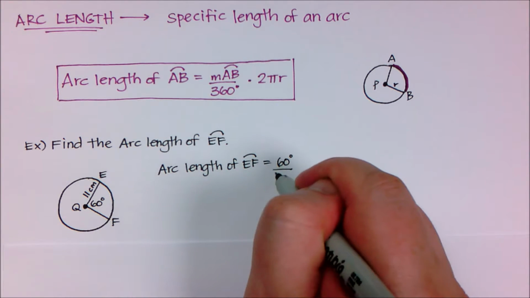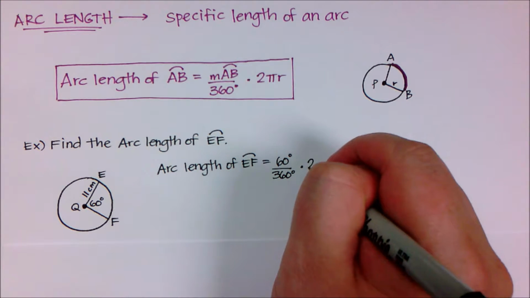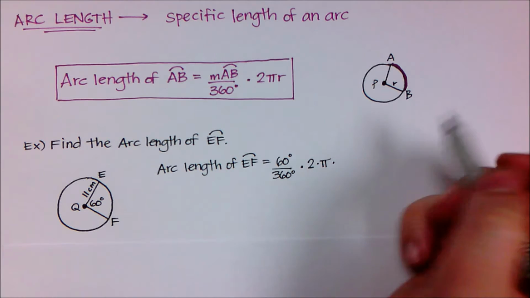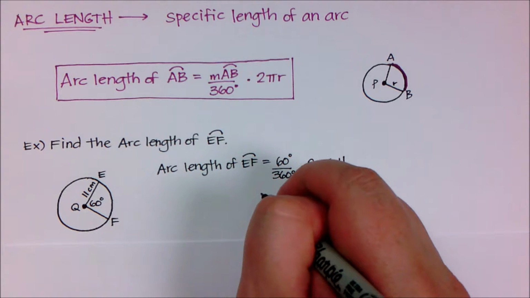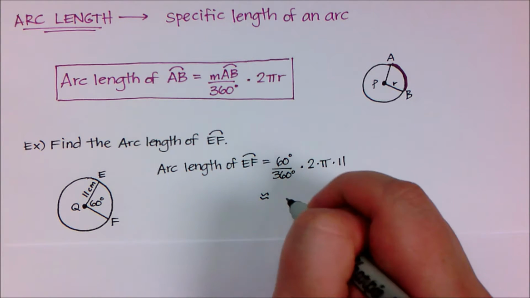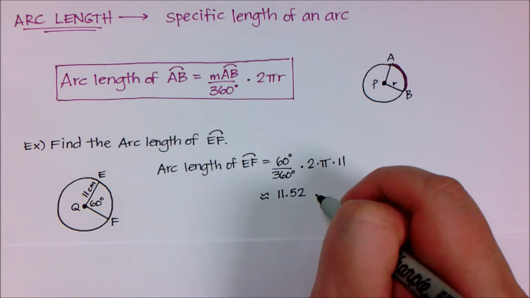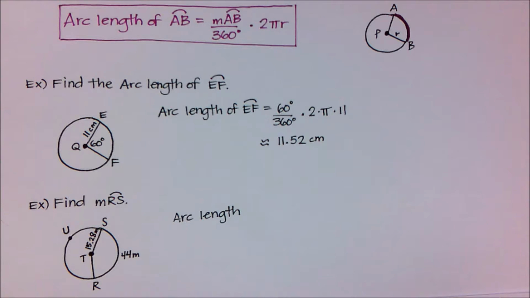Using my formula, I'm going to divide by 360 degrees, and then multiply by 2, by pi, and by the radius, which is 11. When I plug all those into my calculator, I'm going to find that it's close to 11.52 centimeters. And I'm done.